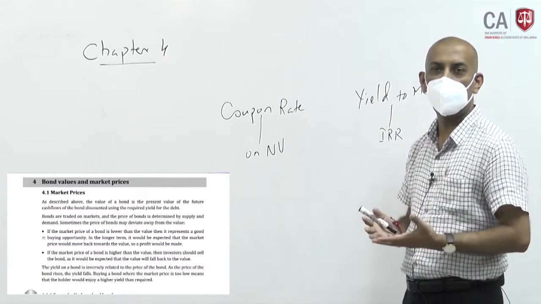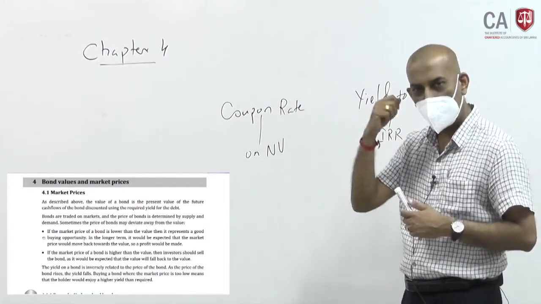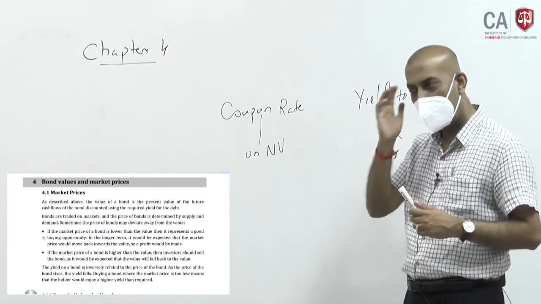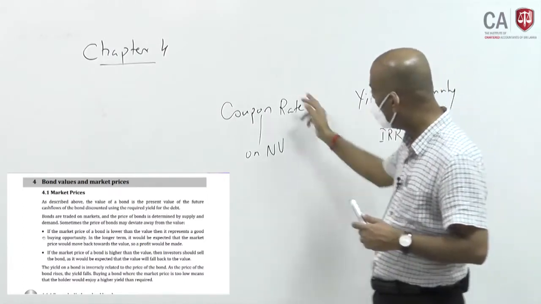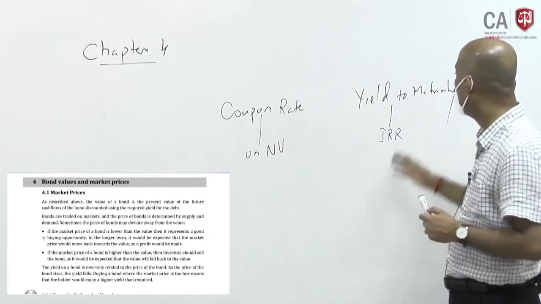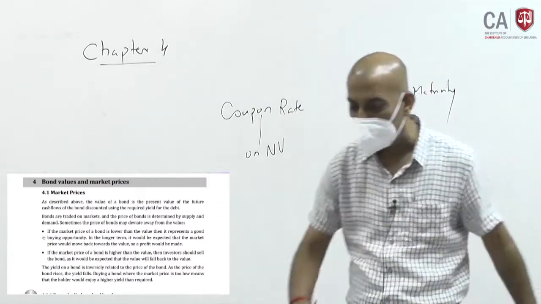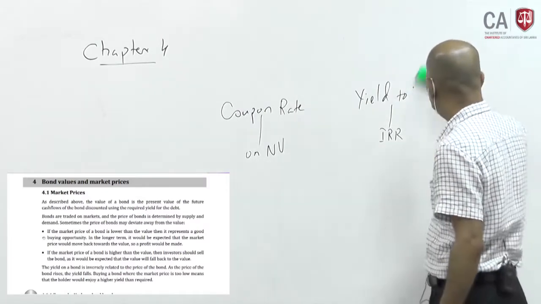They will pay based on the coupon rate on the nominal value, with annual or quarterly cash flow. So please be aware that from a cash flow point of view, this is what you get. But from a return calculation point of view, the yield to maturity is the IRR we have calculated. So be knowledgeable about this difference.